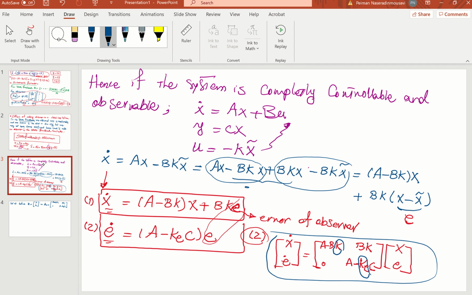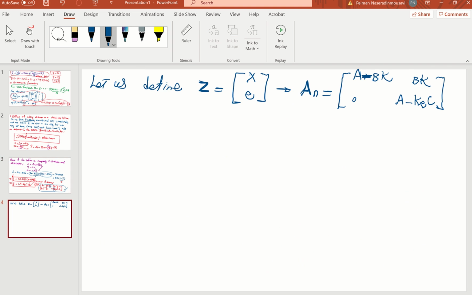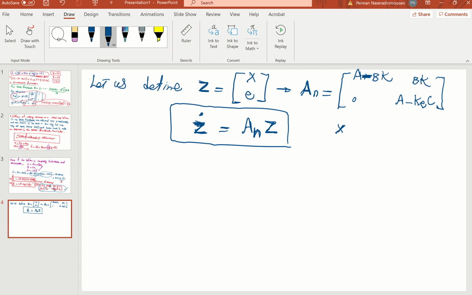So if you look here, guys, this equation is going to be z dot. What you get is z dot is equal to An times z. Have you seen this? Yes, at the beginning of this course, when I was teaching you x dot is equal to Ax. Remember? Matrix exponential. So this is the same.